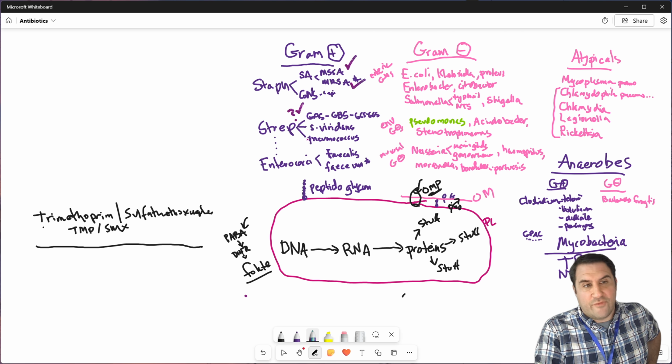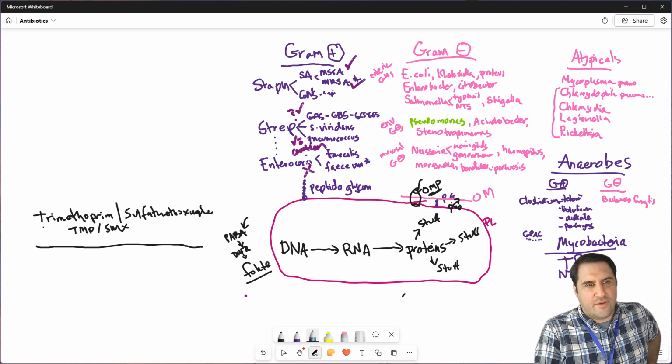Because it does in fact work on pneumococcus, but there's a lot more resistance as rates go, and so we would say check, with caution, for pneumococcus.